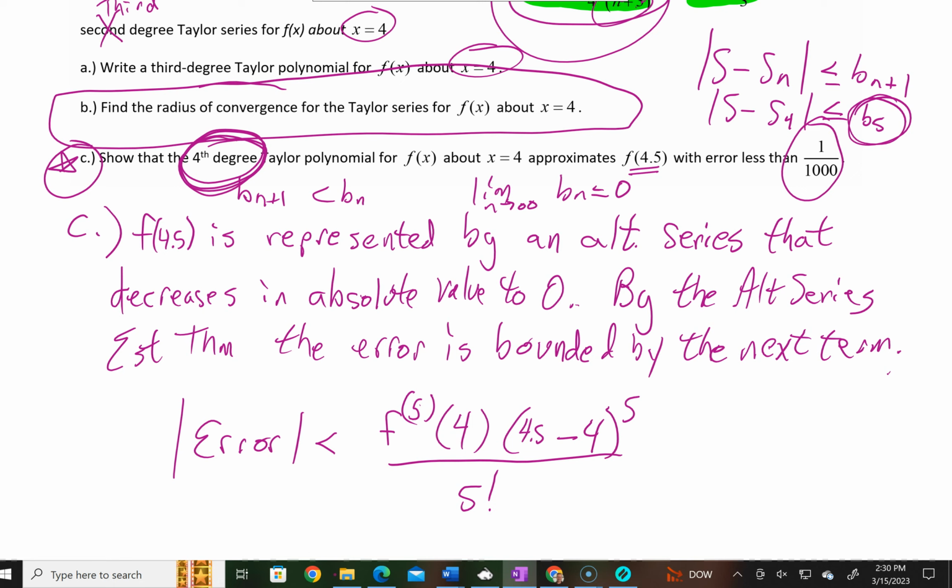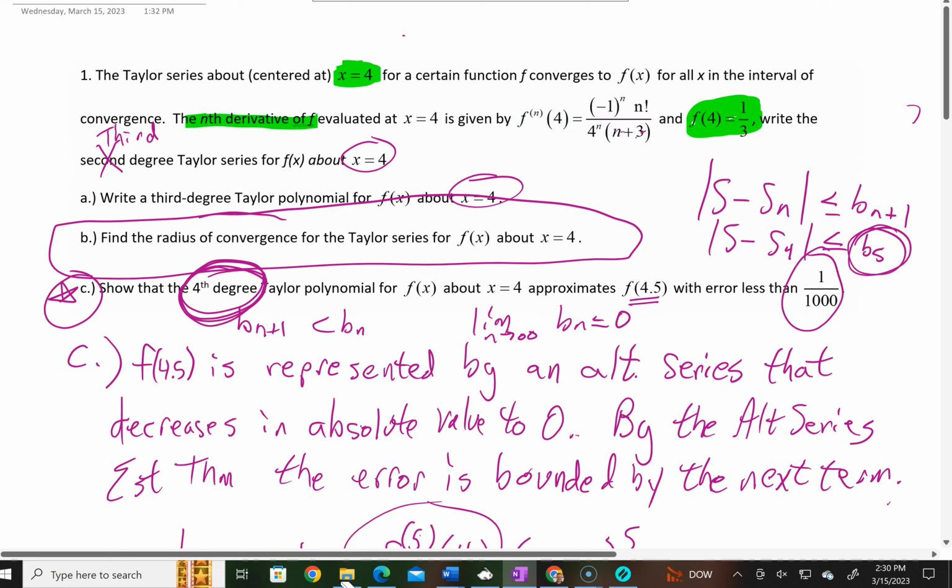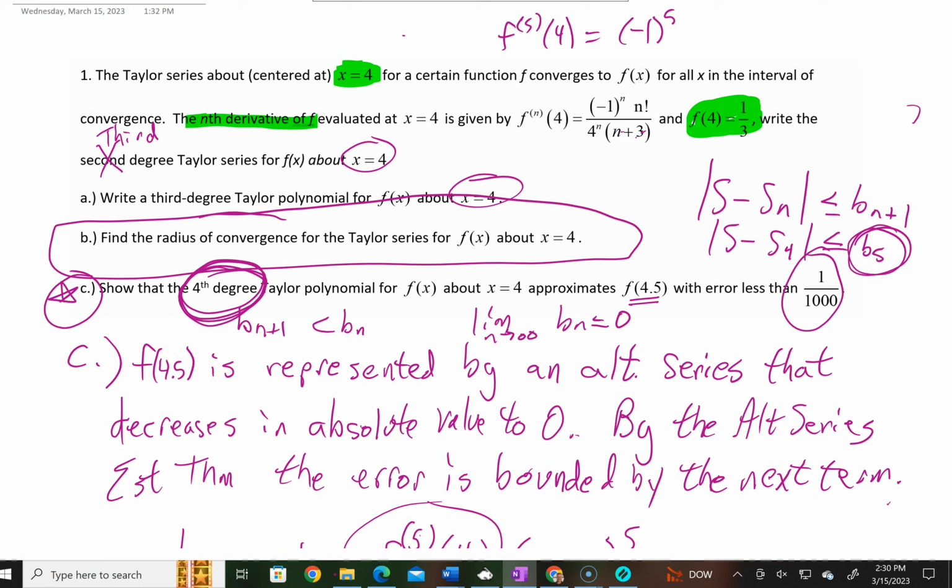You see what I'm talking about? This 5th derivative, let's come back one more time up here and say, hey, this 5th derivative is going to be negative 1 to the 5 times 5 factorial all over 4 to the 5, and 5 plus 3 is 8.